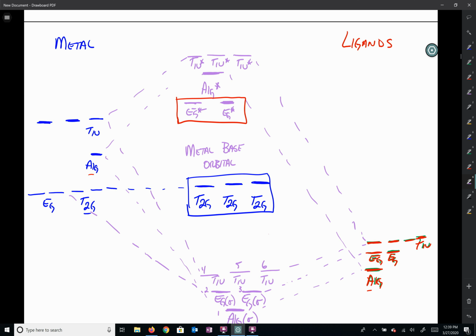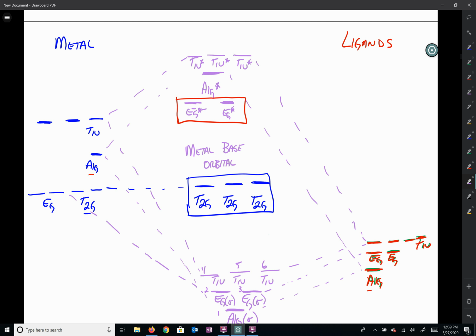That means they're hanging out more on that metal themselves, okay? And so all the magic is going to happen in the T2G and the EG set. And so the electrons that come in and out and get shuffled around and moved, right, they're either going to be coming into or out of the T2G and the EG set.